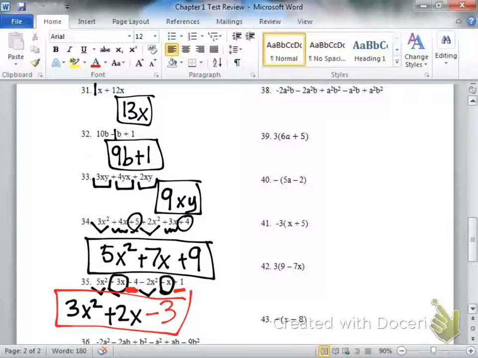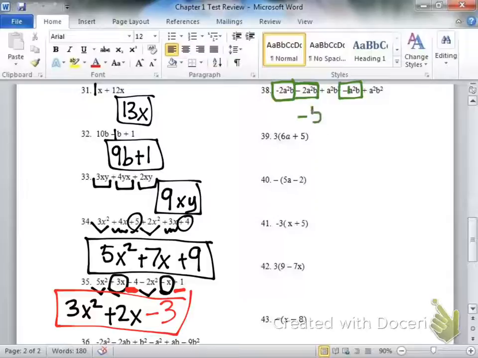All right, we're going to get to the bottom of that column in a second. Let's jump to the top of the next column. Number 38 is pretty tricky, but let's just dive right in. So we have a squared b's. Let's combine all the a squared b's. So I have a negative 2, minus 2, minus 1. So they're all negative. So add the numbers, keep the negative sign.